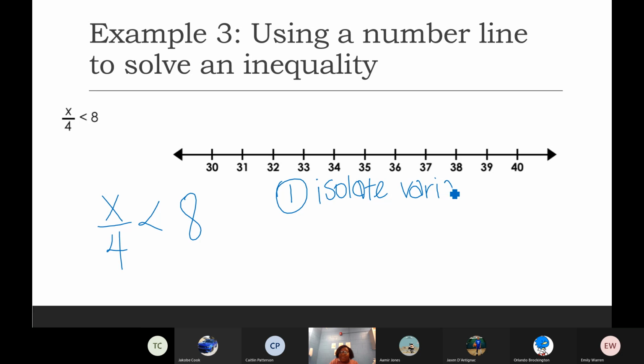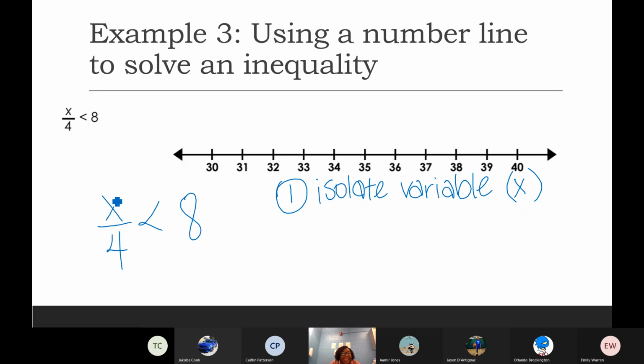In this case, can someone tell me where's the variable in our inequality here? The letter X. Very good.